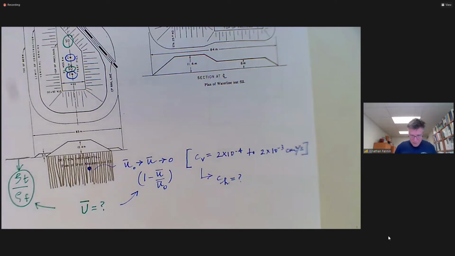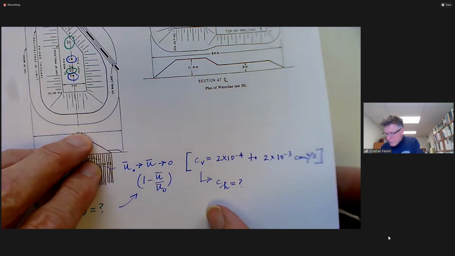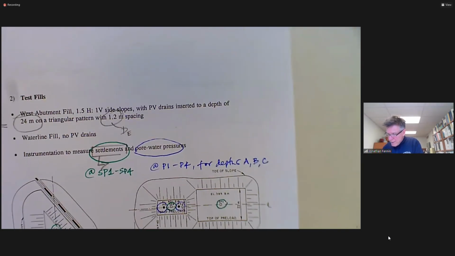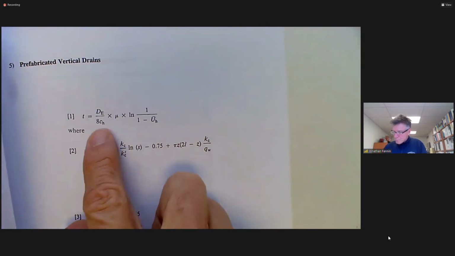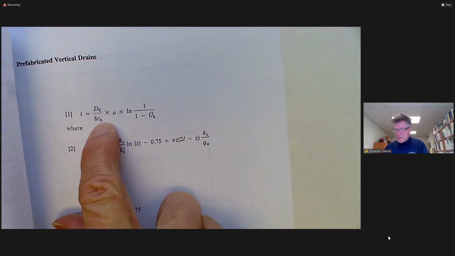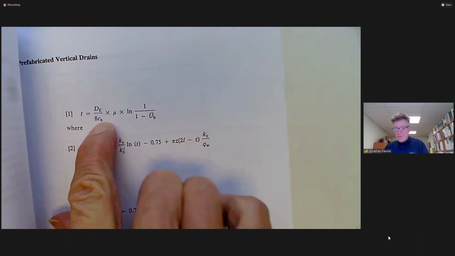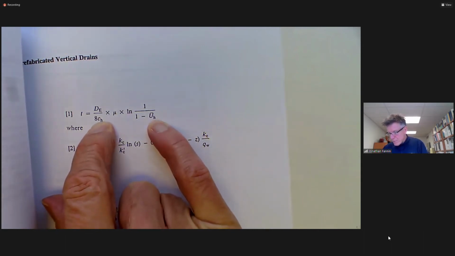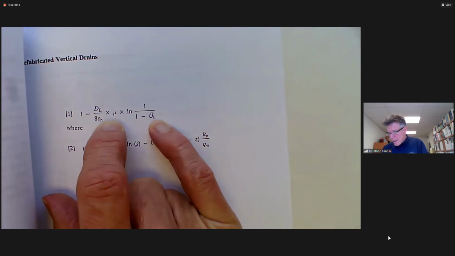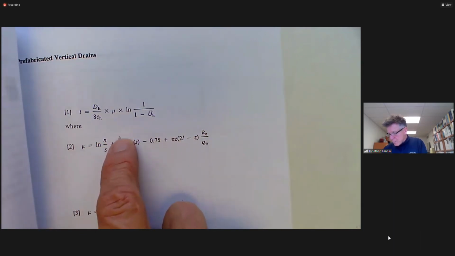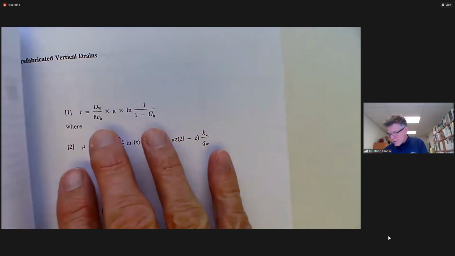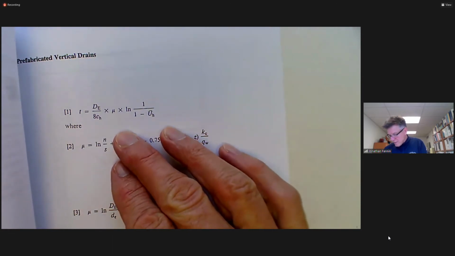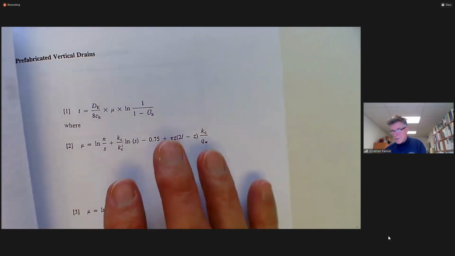And bear in mind all the time in the background, we have this expression that t is a function of c_h, which we don't have, and the degree of consolidation, which we're going to infer from field performance measurements, and try to discern the importance of these three functions: the ideal case, the ideal case plus smear, and the ideal case plus smear plus drain resistance.